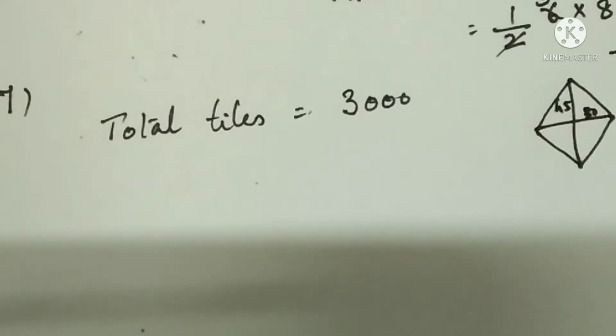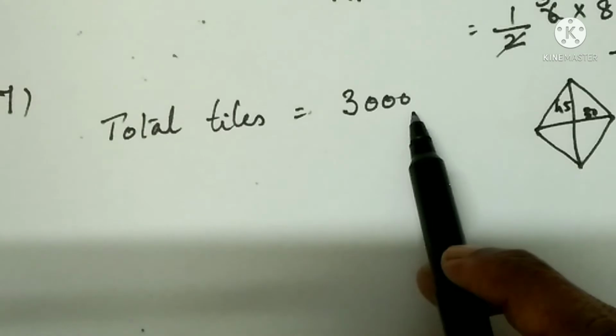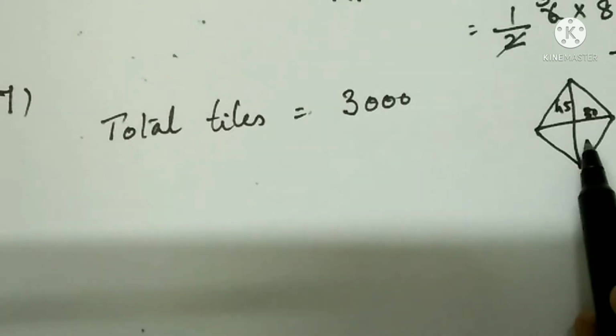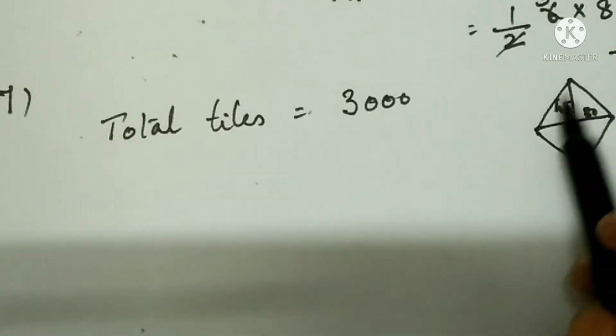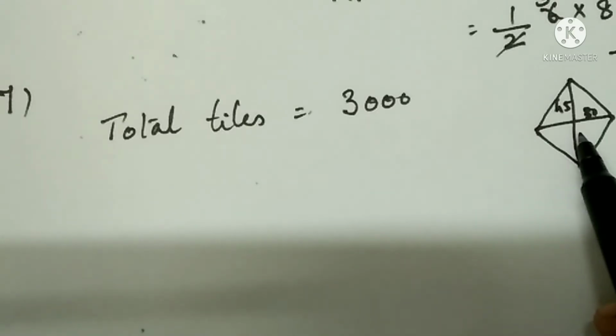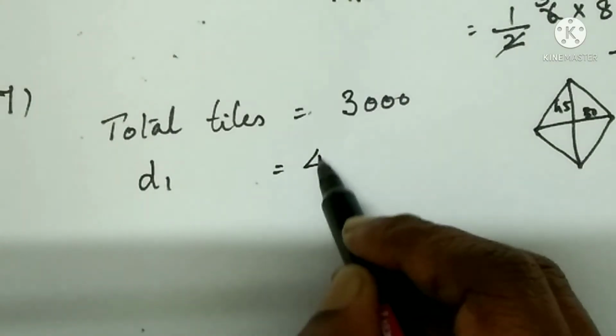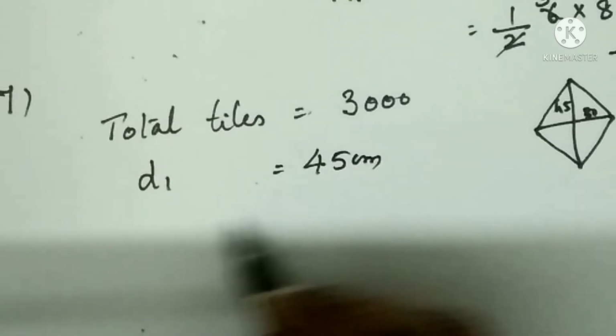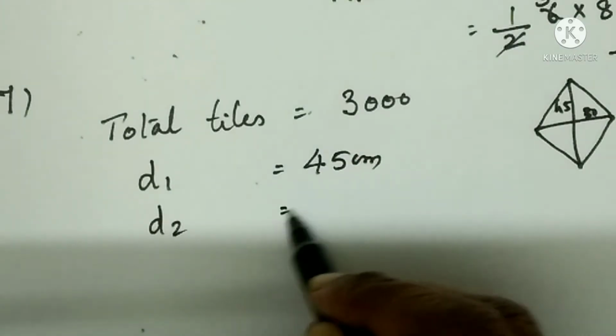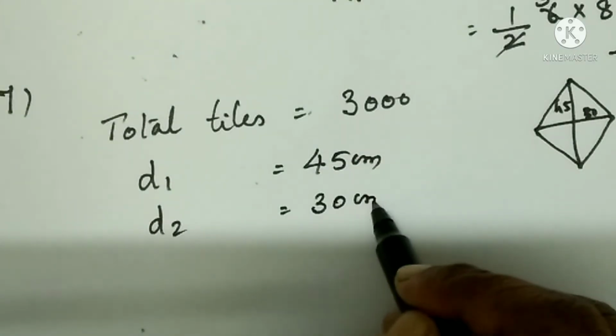So how to find out? We know that there are 3000 tiles, and every tile is of the shape of a rhombus whose diagonals are given. So let us write D1 is equal to 45 centimeter, D2 is equal to 30 centimeter.